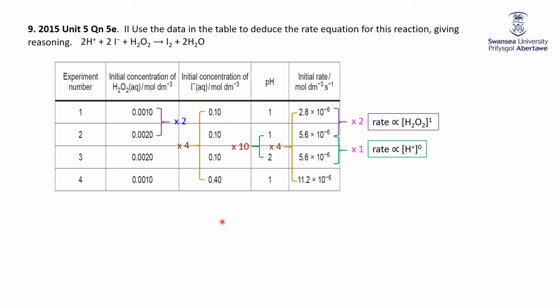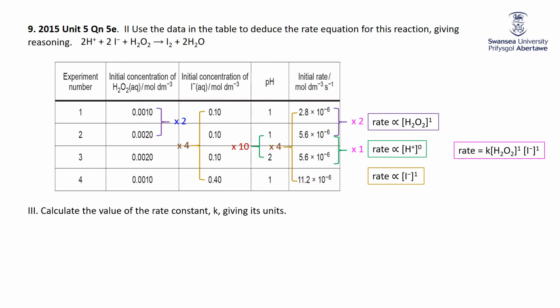What does that do to the rate? 2.8 up to 11.2, also a factor of 4. So thus from that, the rate is proportional to the concentration of I-. Okay, put it all together. Rate is k times [H2O2] to the 1 times [I-] to the 1, and the H+ is not involved in the slow step, which of course we define later in the A-level curriculum.